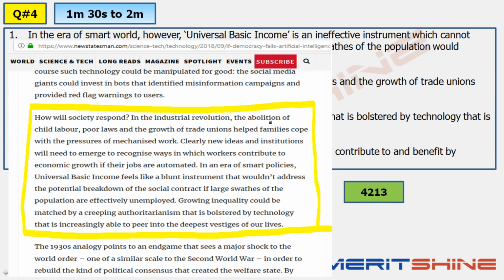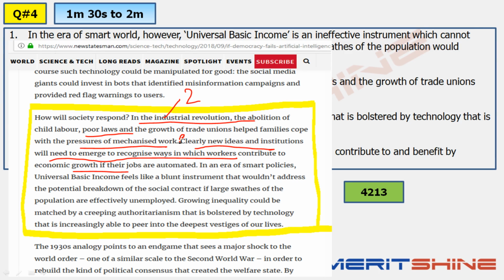So if you look at this article, look at this part. In the Industrial Revolution, the abolition of child labor helped cope with the pressure of mechanized work. This is our 2, right? Now look at this. Clearly new ideas and institutions will need to emerge to recognize ways in which workers contribute. Are you getting it?